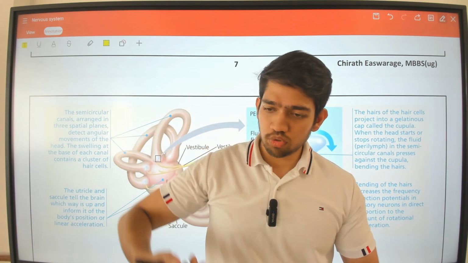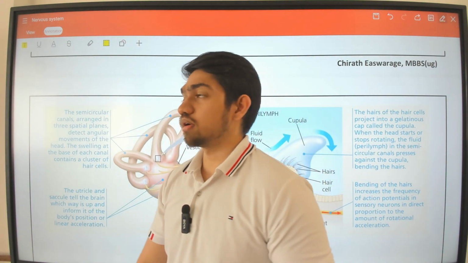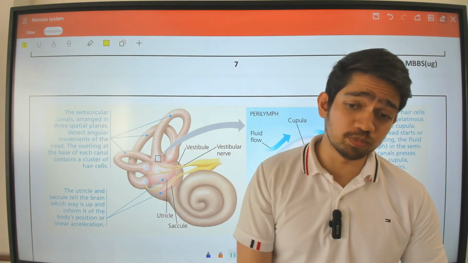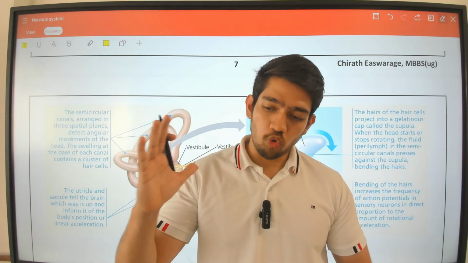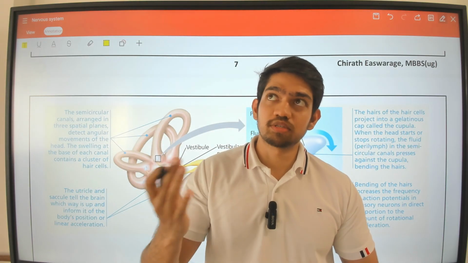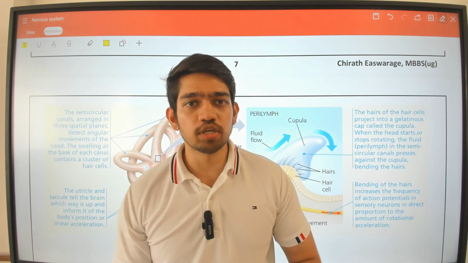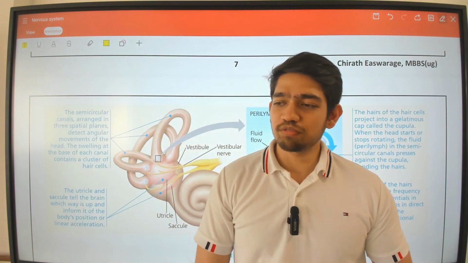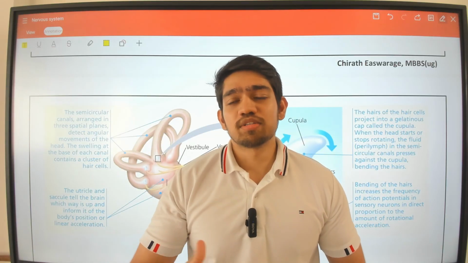Our center of gravity is pretty high, right? Our center of gravity is very high up and we only use two legs for movement. So we are very unstable. If you want to walk properly and just stand without falling down, it's going to require a lot of sensation.